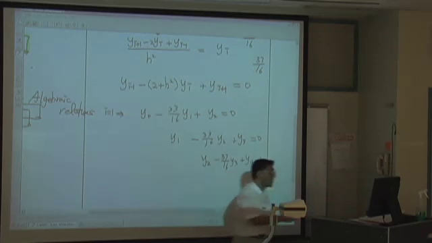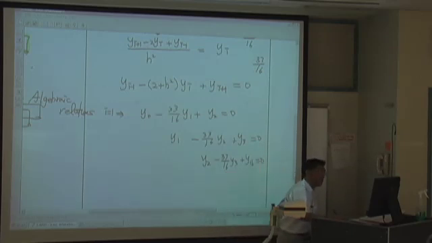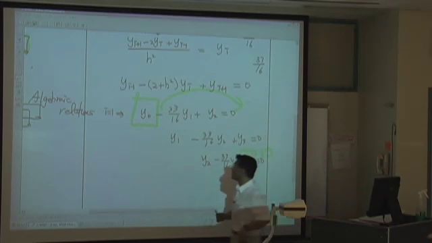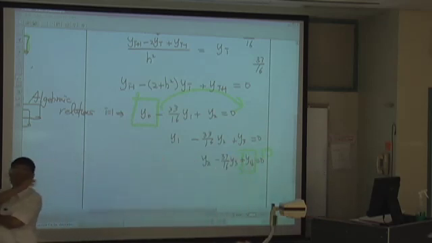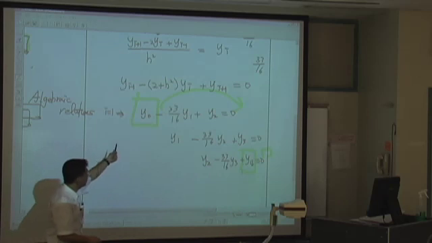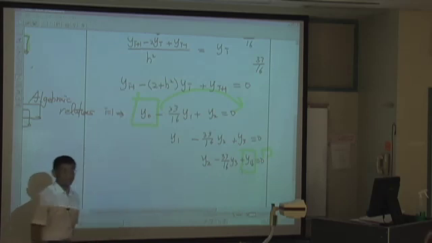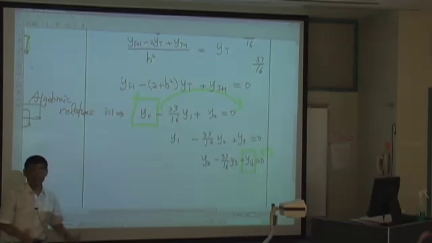Then we can chop y0 and y4 and send these things to the right side. Because y0 and y4 are not unknowns, they do not belong to the left side. Left side collects the variables, right side collects numbers.